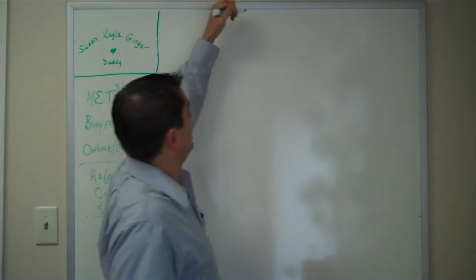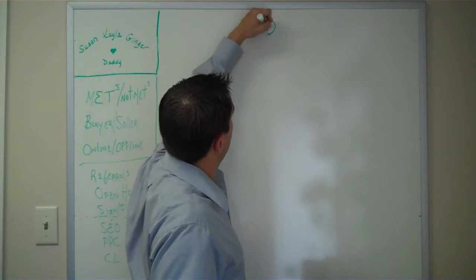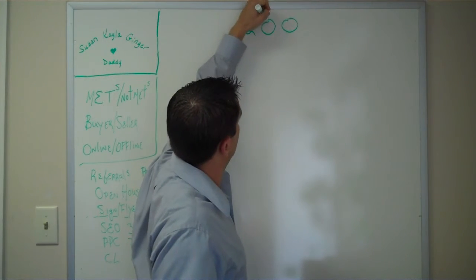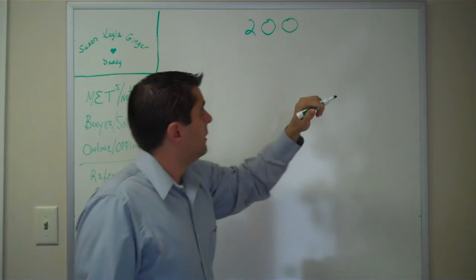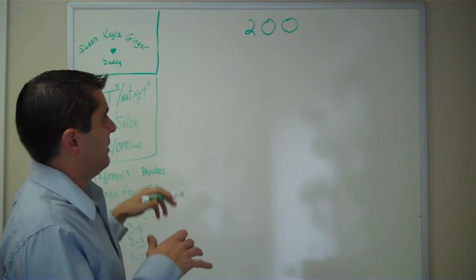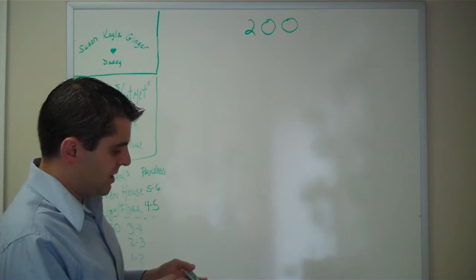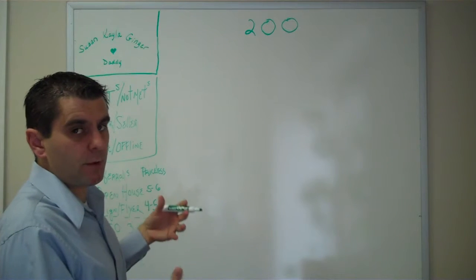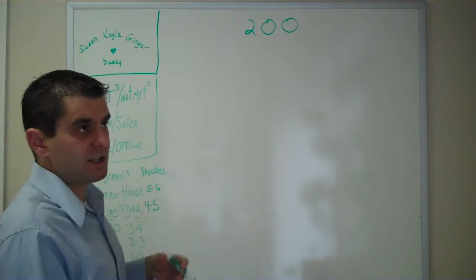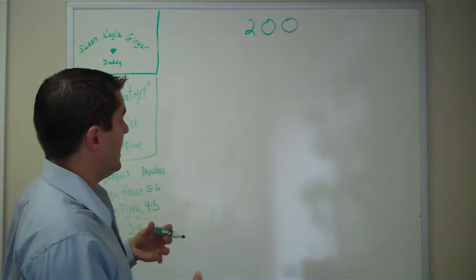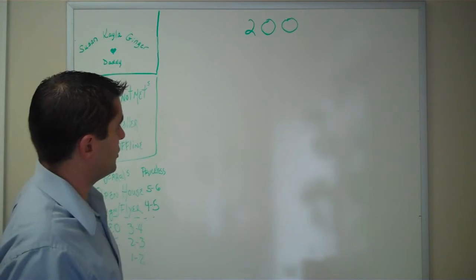So if you were to do 200 homes, I'm going to assume you don't have a large Met database, and I'm also going to assume that right now your buyers agents and admins aren't farming their own database, whether it be Facebook or having a database from the previous job.